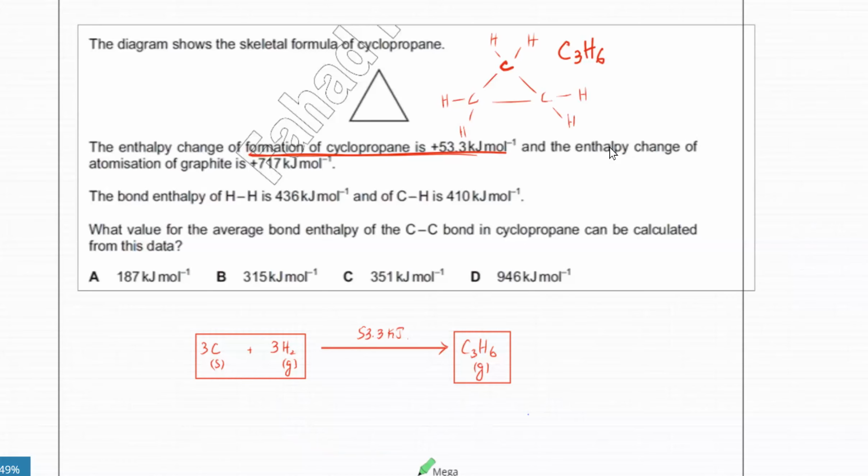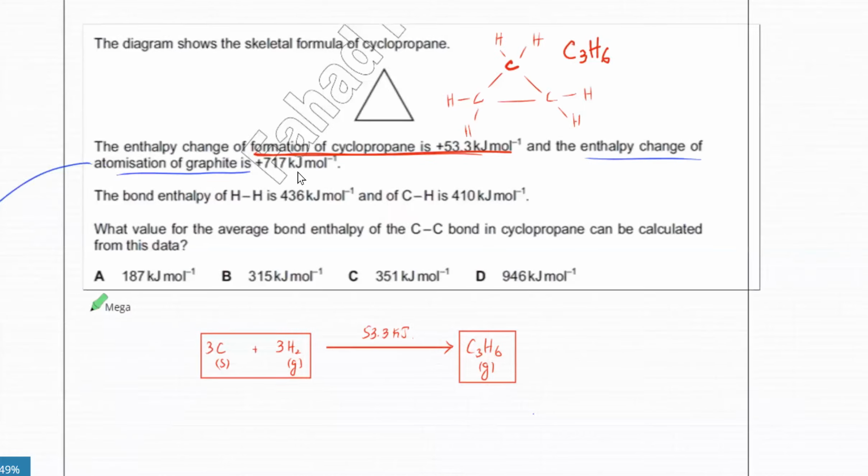So in the next part, he says that the enthalpy change of atomization of graphite is 717. The enthalpy change of atomization of graphite, remember, is carbon. So it basically refers to this thing.